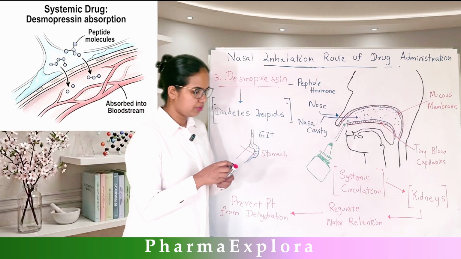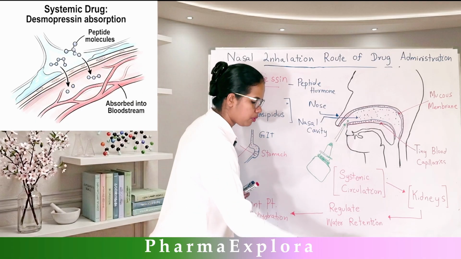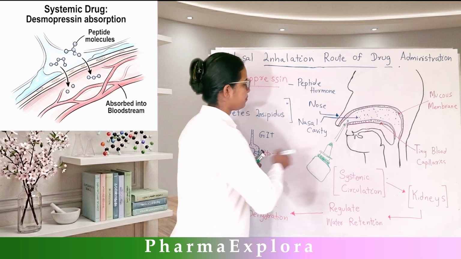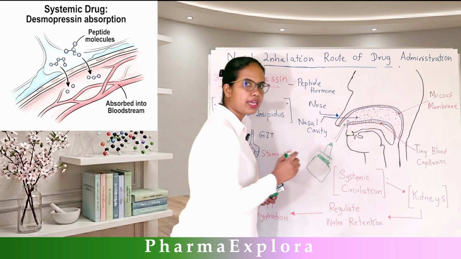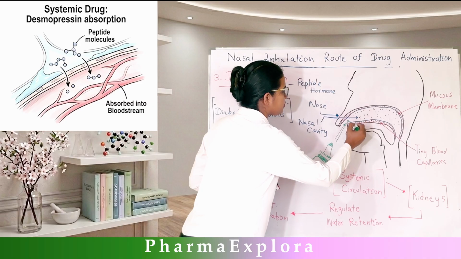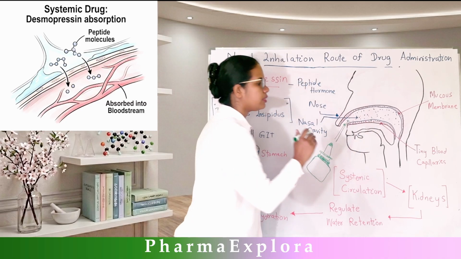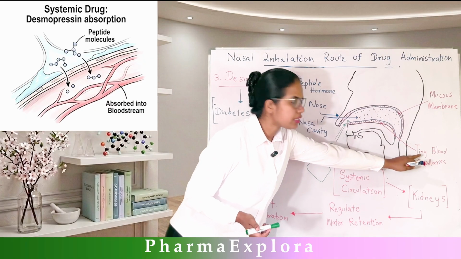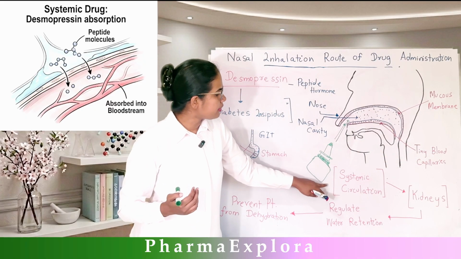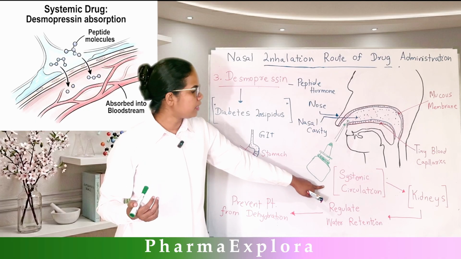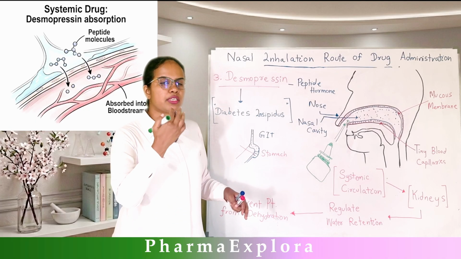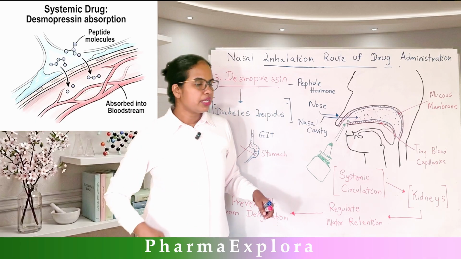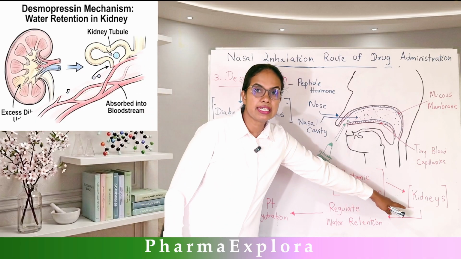So now what we do is we apply desmopressin intranasally. This drug molecule enters the nasal cavity, crosses the mucous membrane and enters the tiny blood capillaries. By entering the tiny blood capillaries, eventually they reach the systemic circulation. And once this drug molecule goes into the systemic circulation, it travels throughout our body and reaches the kidneys.